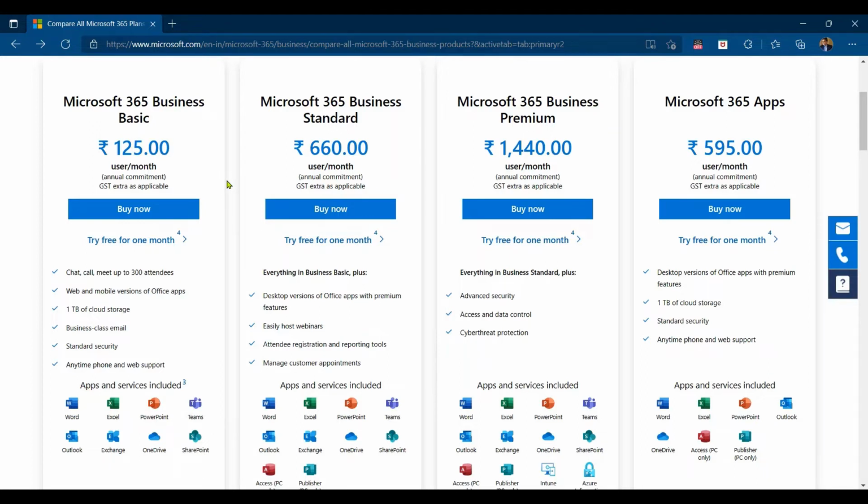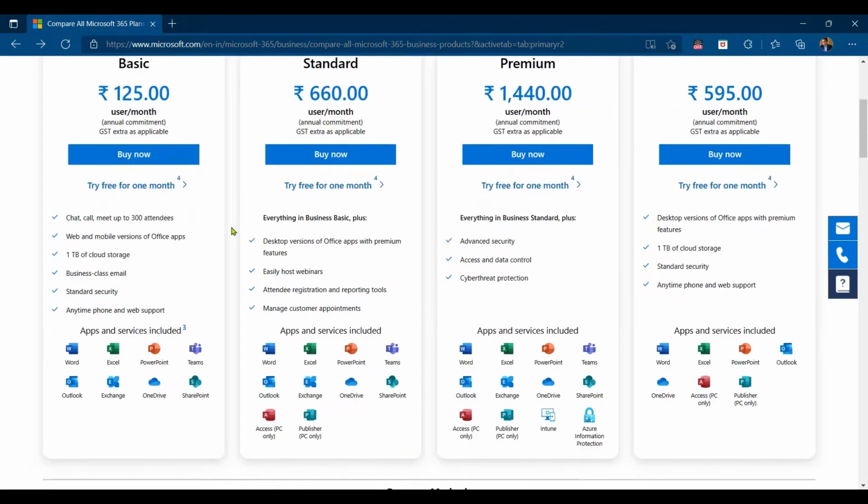You can either go for a monthly commitment or for an annual commitment, and the products again vary. In case you don't need Access or Publisher, you can go for this tier. But again, the major difference between the basic and standard is the desktop version. If you expect your users to be using desktop versions of Office apps, then you need to go for the standard license.